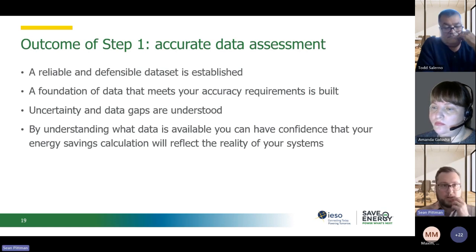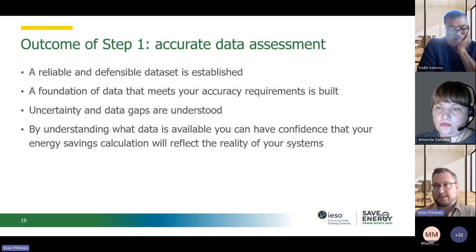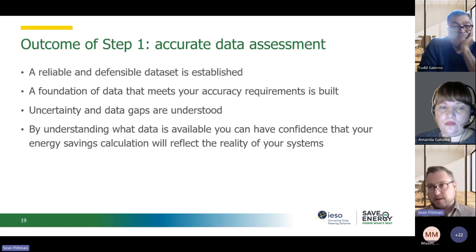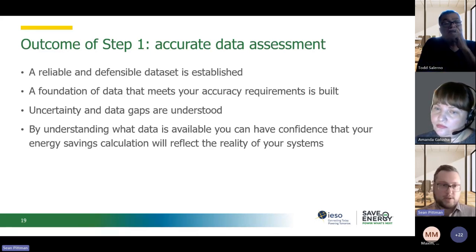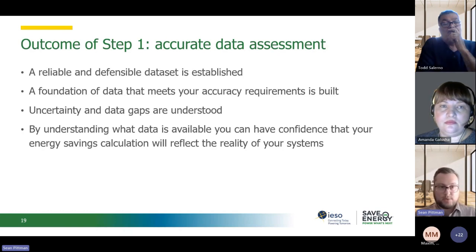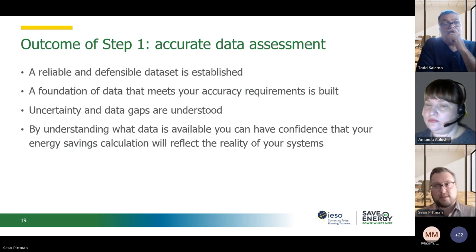So the outcome of step one is an accurate data assessment. You will have a reliable and defensible data set, and that'll form the foundation for your accuracy requirements. Once you know that you've met your accuracy requirements, you will have an understanding of the uncertainty and the data gaps within your data set.